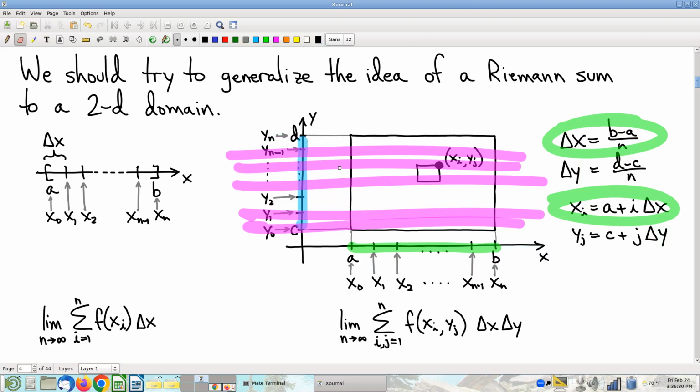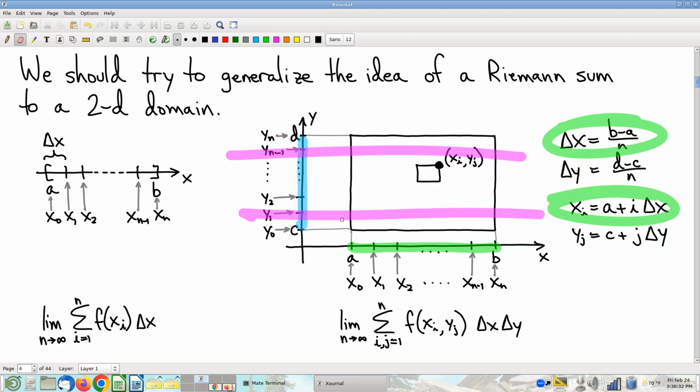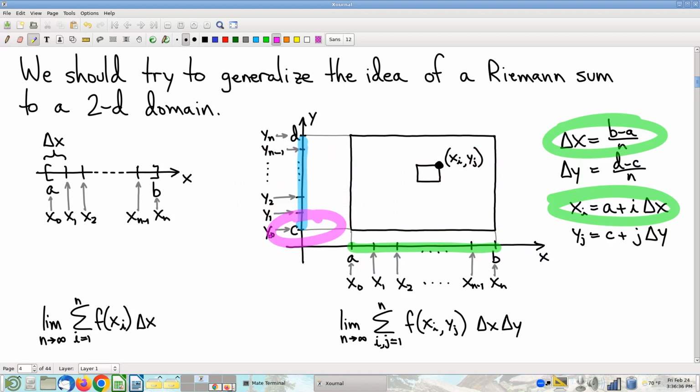And slicing up an interval, same deal. I mean, different details, right? Here we're going from C to D instead of A to B. So we have a different formula for delta y. And likewise, we're going to have a different formula for these points over here that I'm going to call y sub j. But structurally, it's the same approach that we did back in Calc 1.